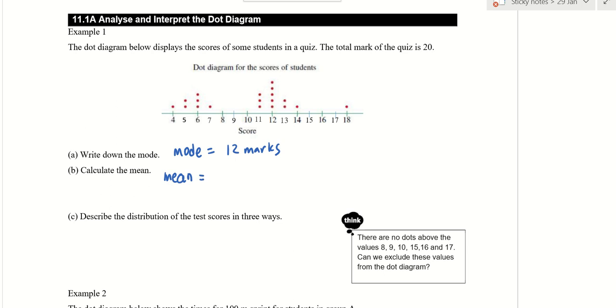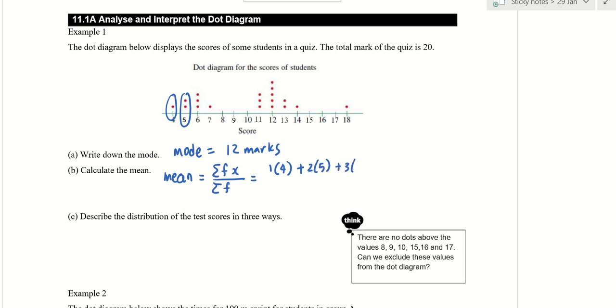The formula is summation fx over summation f. You don't have to write down this formula, I'm just trying to remind you. So the first frequency multiplied by the first data, we have 1, 4. As I've always been saying, you don't need to write 1. The next frequency, we have 2 5s.